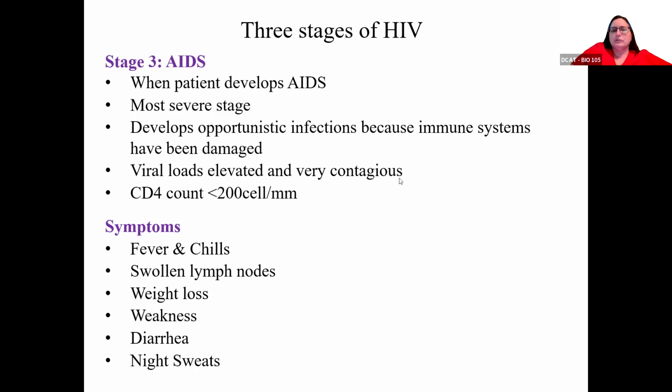So in order to qualify for AIDS, to progress on to that AIDS diagnosis, the patient's CD4 count has to be less than 200 cells per millimeter. So we're going to talk in some future slides in depth exactly what CD4 means, what that cell count means, what's the normal count, etc. But just know for AIDS, they have to have that CD4 count less than 200, and they have to be having opportunistic infections, okay?